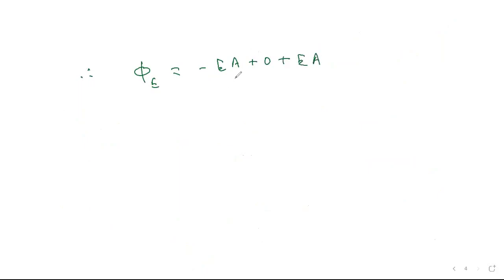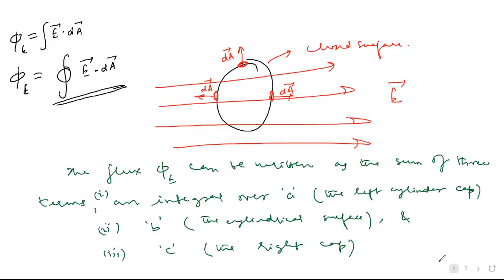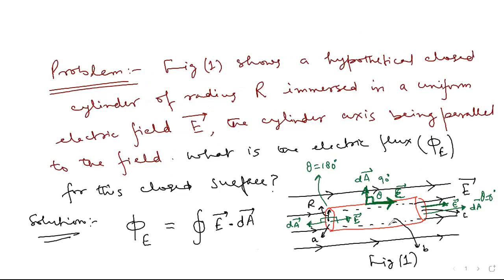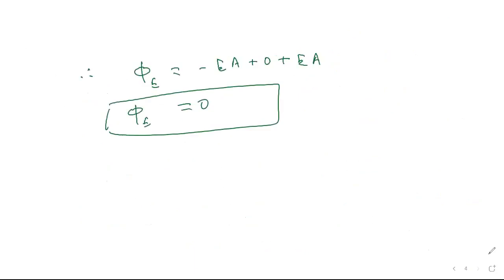When you add it, it is 0. So the flux through the closed surface shown in this figure 1 is 0. So this is our answer. Electric flux through the closed surface shown in figure 1 is 0.